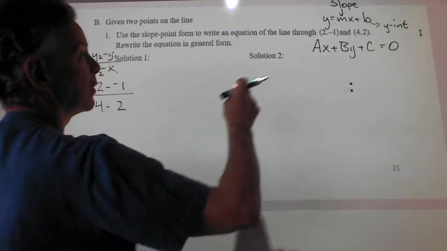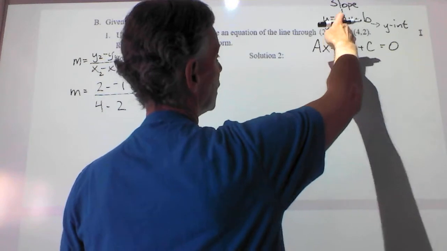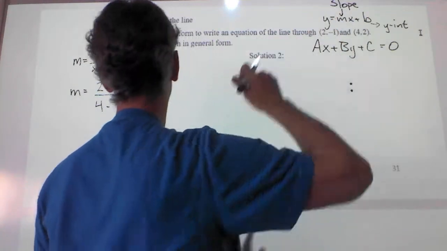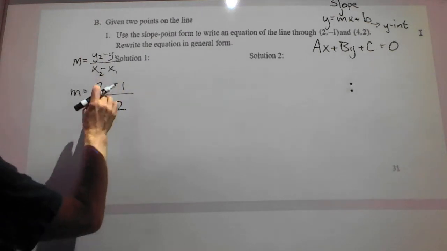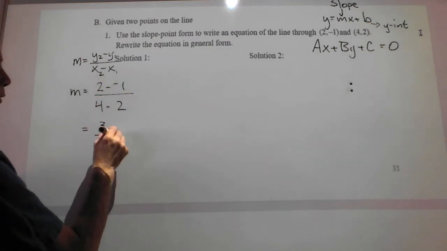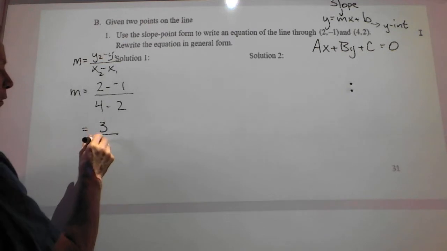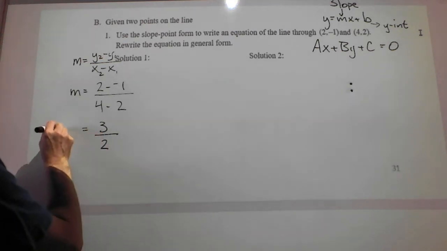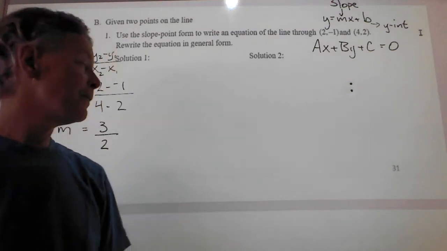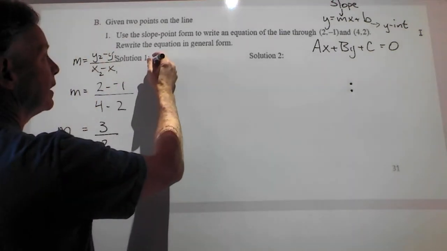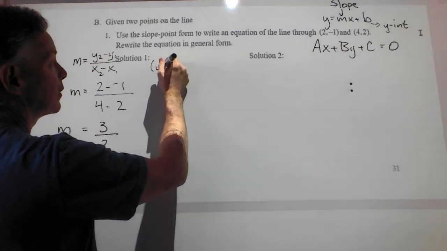So, y2 minus y1 divided by x2 minus x1. And what does that give us? Well, 2 minus -1 is like saying 2 plus 1, or 3. 4 minus 2 is 2. So in this case, we have a fractional slope. No big deal.